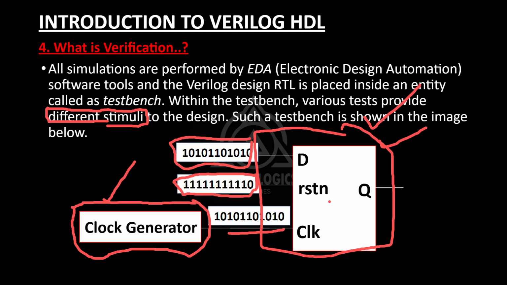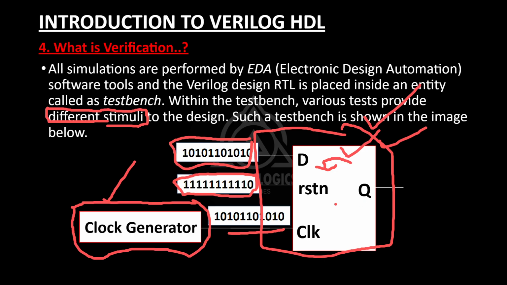Based on those inputs given by the TB, we must instantiate this module in the TB. In the sense, this module should be present in the TB to apply these inputs. We have to call this module, then only we can apply these inputs, right?